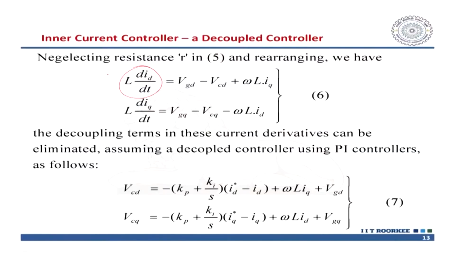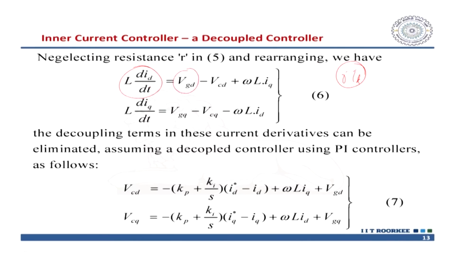So, what happened? You got L di dq, and with a little simplification, R into Id is omitted, considering that the resistance part is quite small.